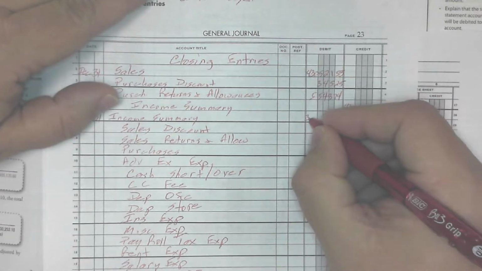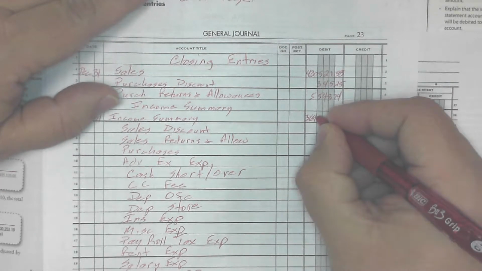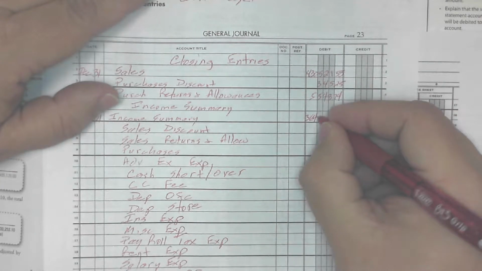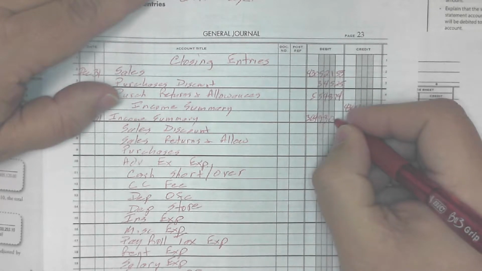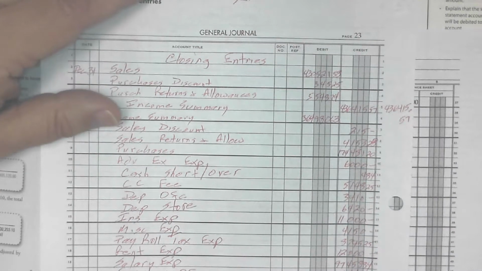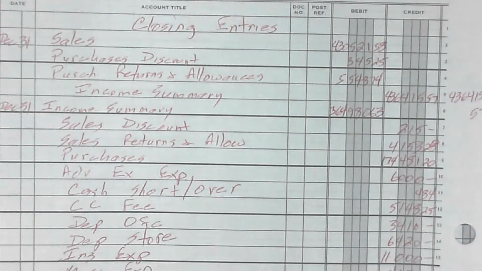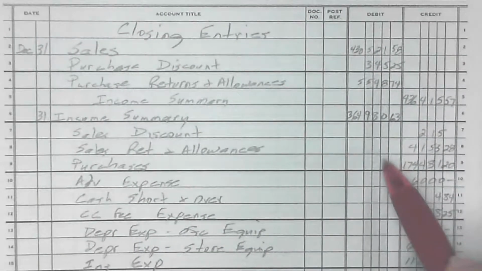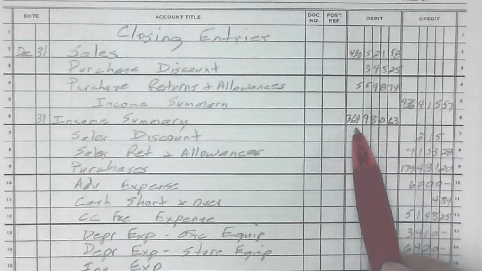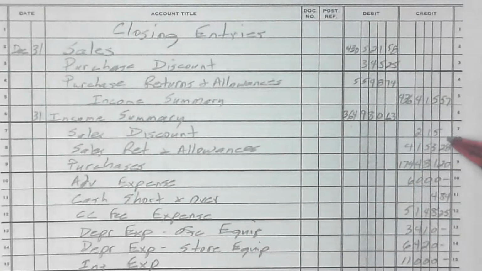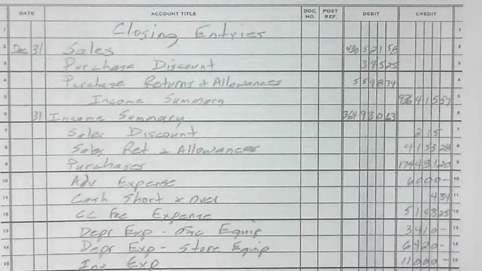They come up to $364,980.63. Actually, the one I've got from last year is easier to read. So $364,980.63 is what everything in this credit column is going to add up to. So add all those up and go back and fill that in.